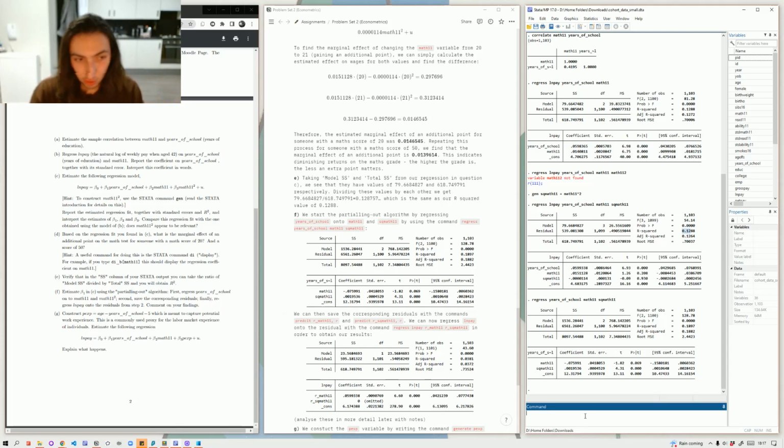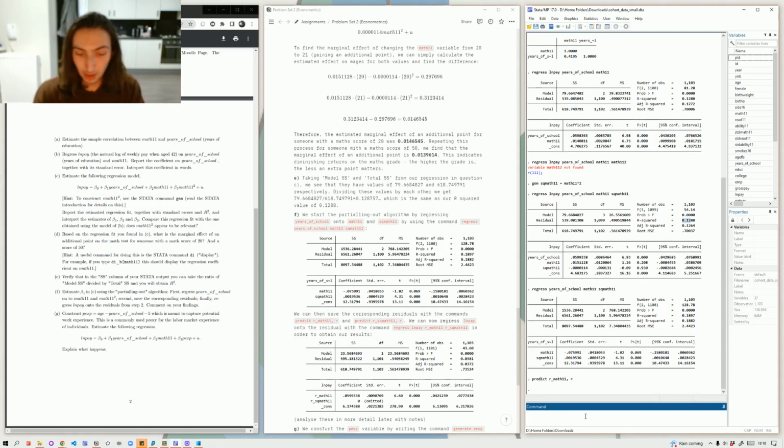Then what we have to do is the command to save the residuals. Now, they don't tell you this, so I'm going to tell you it's predict. You say predict, and you predict for the variable. Here it's math 11, then comma r, and it will do it. And let me do that for square math 11.